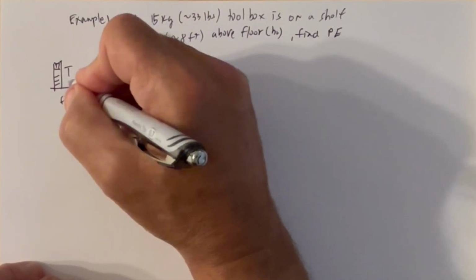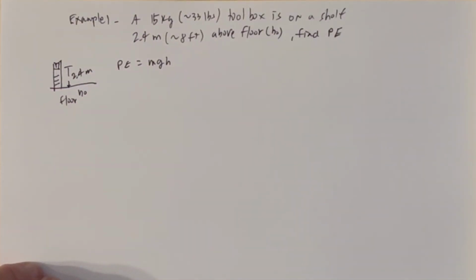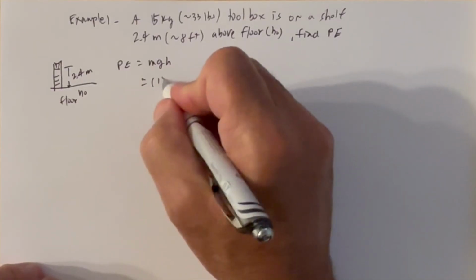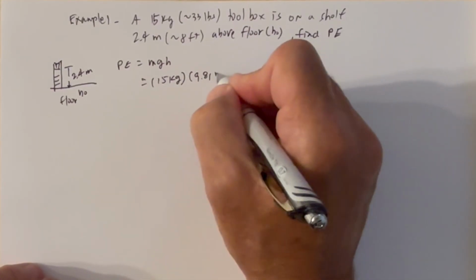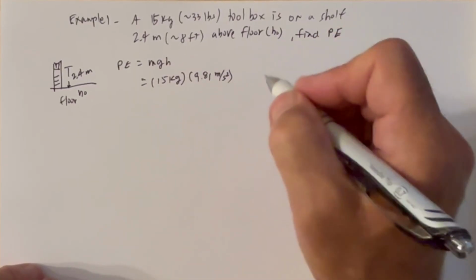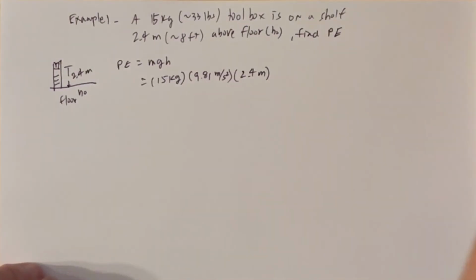The height of the toolbox is 2.4 meters, and we know it's a 15 kilogram box. So our mass is 15 kilograms, 9.81 meters per second squared is the acceleration due to gravity, and our height is 2.4 meters.